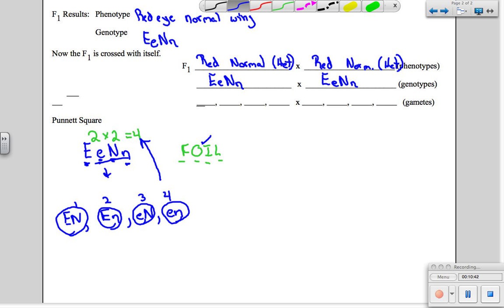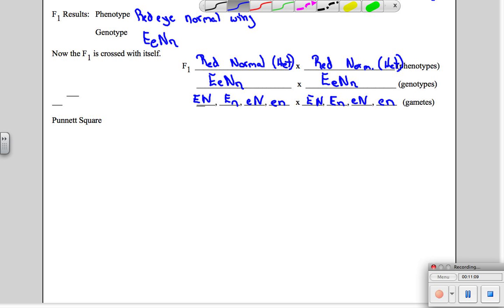So let's go ahead and fill these in the designated area. If you go through these steps each time you have a cross, you'll keep yourself straight and you'll be able to have the correct information for your cross.